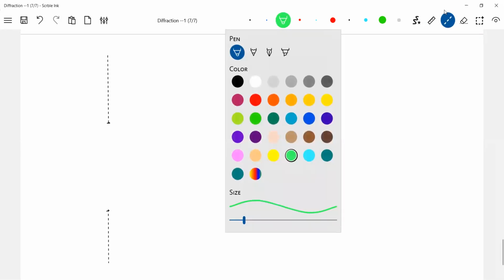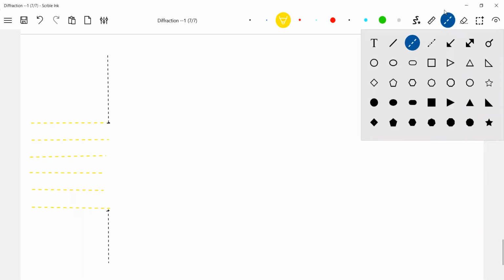Let me take yellow color as the light, so it will be easy for me. It's a purely diagram based topic. Through diagrams only, it will be very easy for you to understand. And let this be a screen.